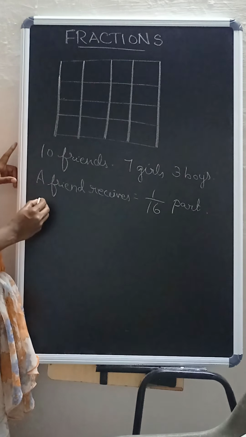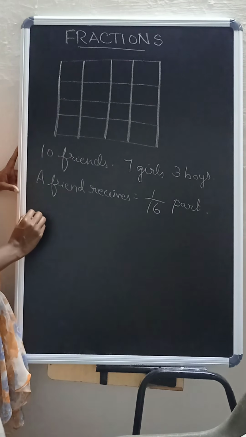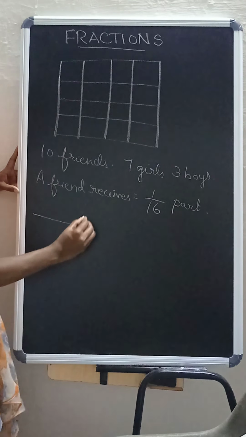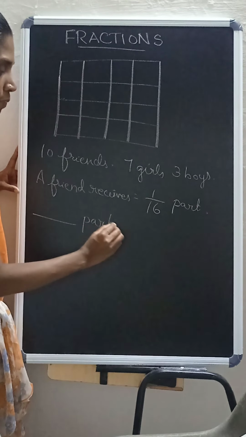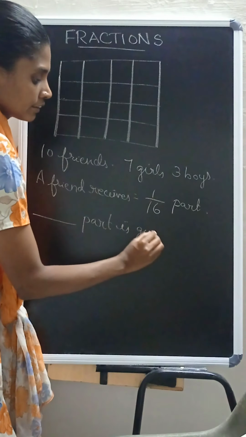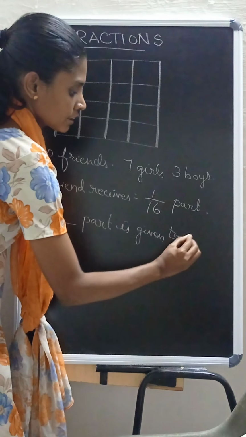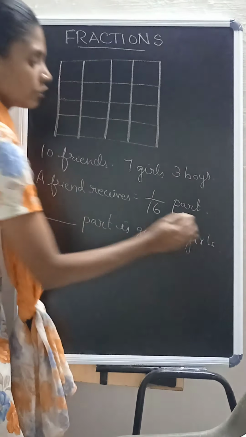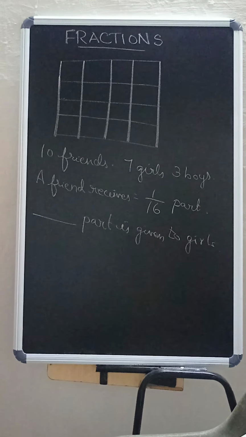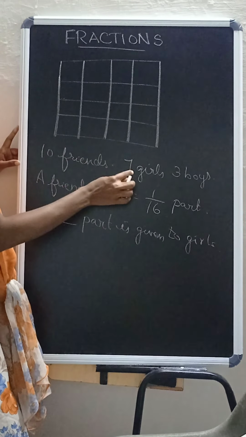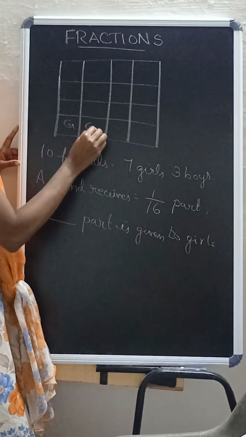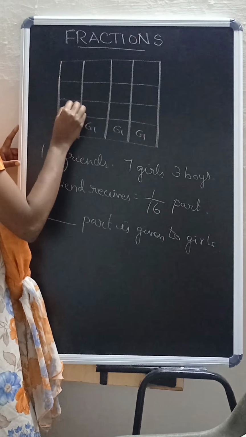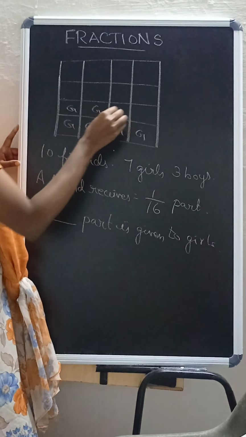Now, how many parts, or you can say, we can ask next, dash part is given to girls. Now, for girls, how many pieces are given? So, 7 girls are there. So, 1, 2, 3, 4, 5, 6, 7.